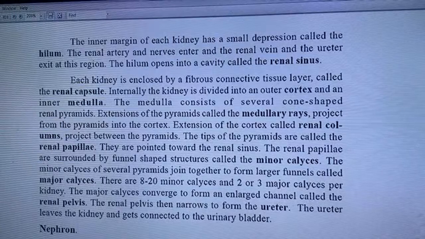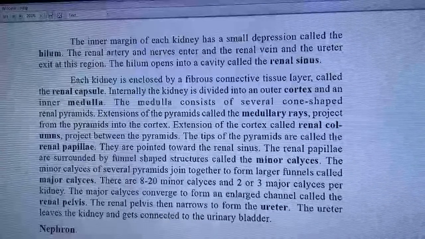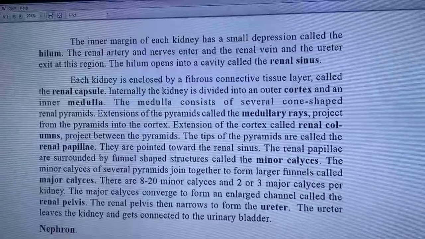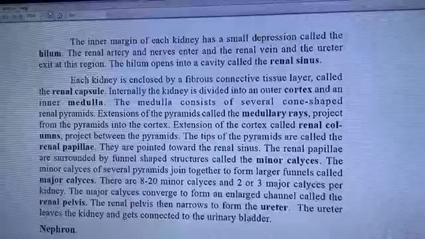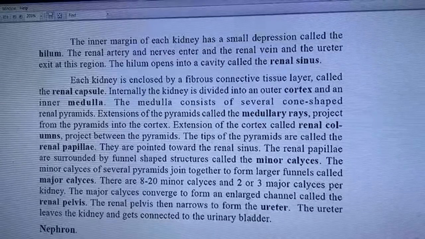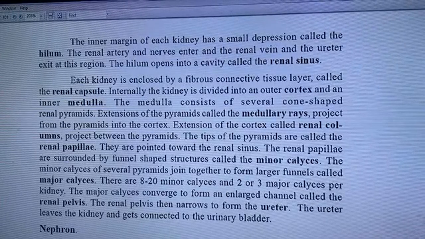Internally, the kidney is divided into an outer cortex and inner medulla. The medulla consists of several cone-shaped renal pyramids. Extensions of pyramids called the medullary rays project from the pyramids into the cortex. Extensions of the cortex called renal columns project between the pyramids.